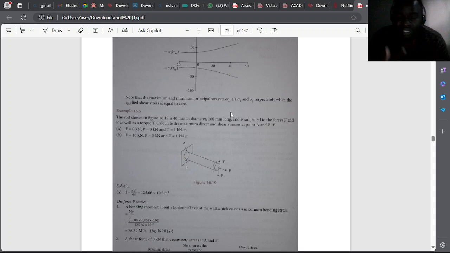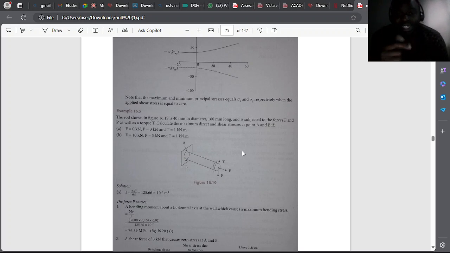I don't know if I'm making sense, guys. In a case when you have a simple rod, a force usually creates two effects. It creates a bending, it creates a shearing.